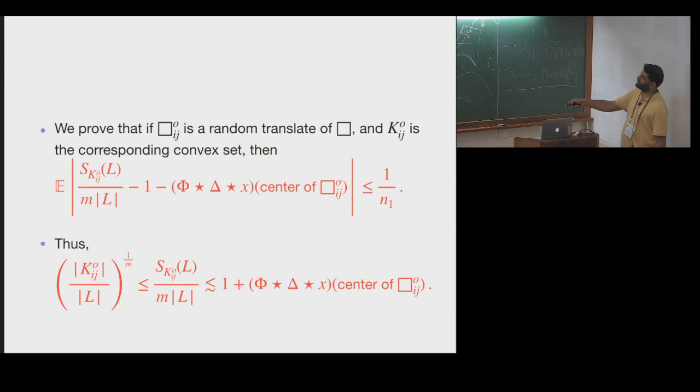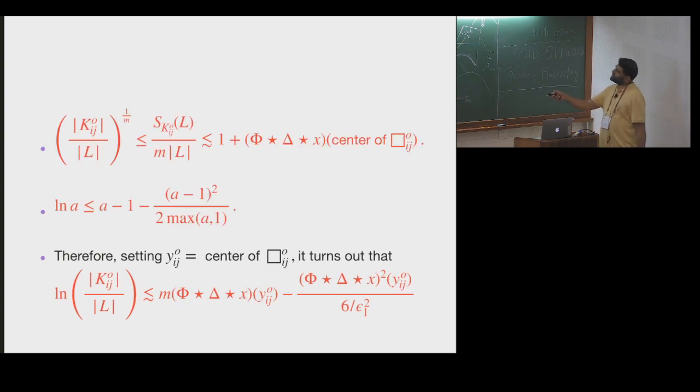We have already seen that this is less or equal to this by Minkowski or some variant thereof, and this becomes approximately less or equal to this quantity because this is very small. Now we have this, you take logs. When you take logs, this inequality always holds. So you get that this thing is less or equal to whatever you get when you substitute this.